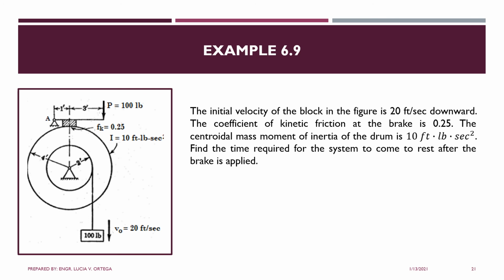So it's the same as unit raised to 4, but since this is mass moment of inertia, that is foot-pound second square. Find the time required for the system to come to rest after the brake is applied.